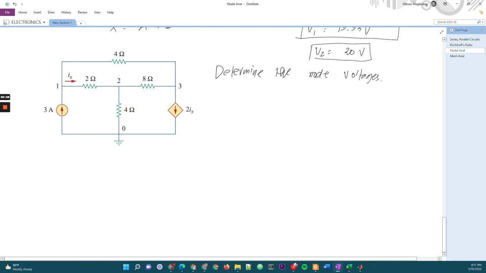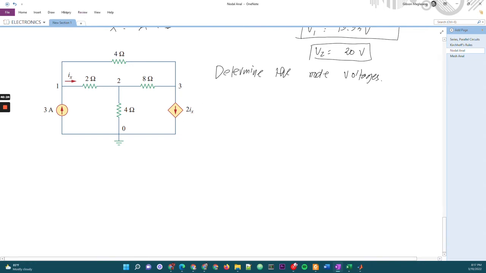How many nodes? We have 3. So we have V1, V2, and V3. Next, we will assign voltages and assign currents.